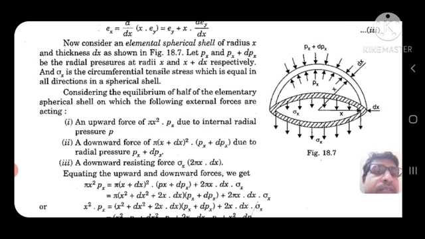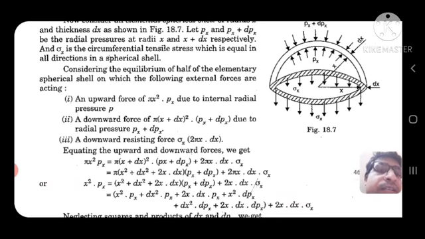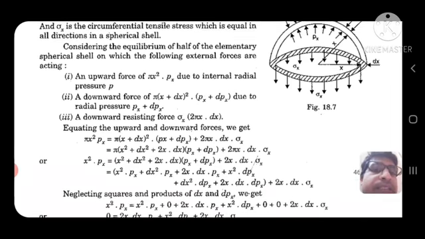Here the diagram is given: spherical shell, half portion, one side internal pressure px, outside external px plus dpx. An upward force pi x square dot px due to internal radial pressure px. A downward force of pi times x plus dx whole square dot px plus dpx due to radial pressure px plus dpx. A downward resisting force sigma x times 2 pi x dx.